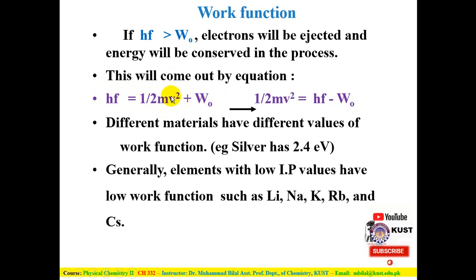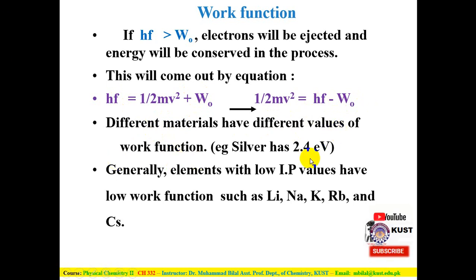So what will be the speed of the ejected electron? This will be given by 1/2 mv² = hf minus the work function. We bring this to the left hand side, so we obtain this. As we know, different materials have different values of work function, different binding energy.